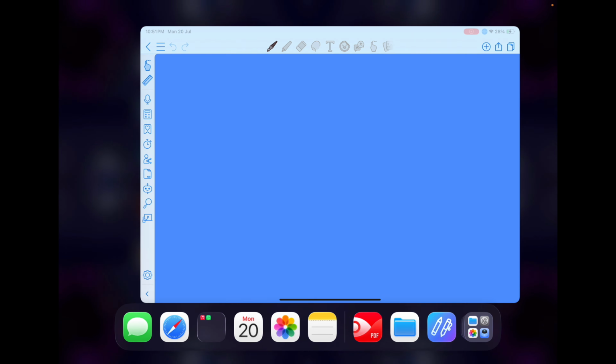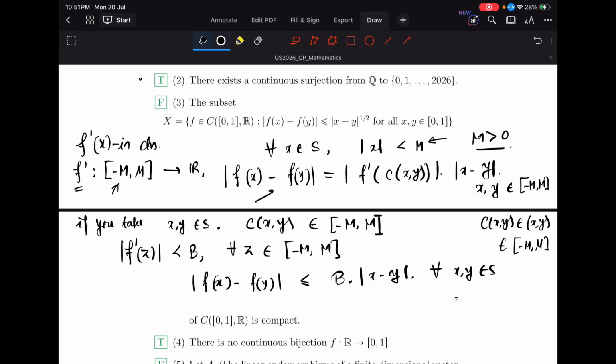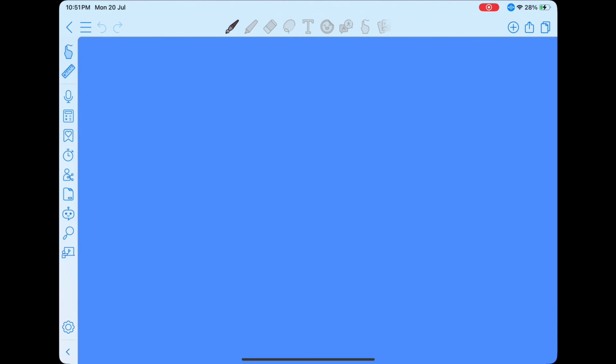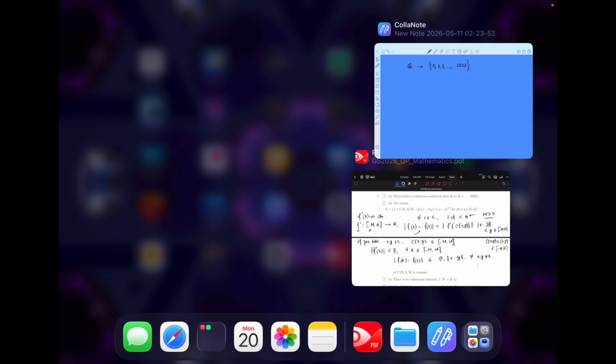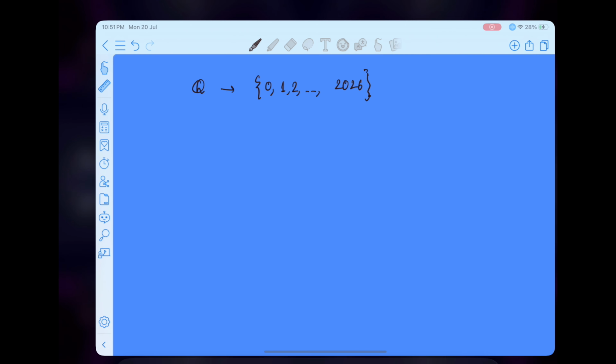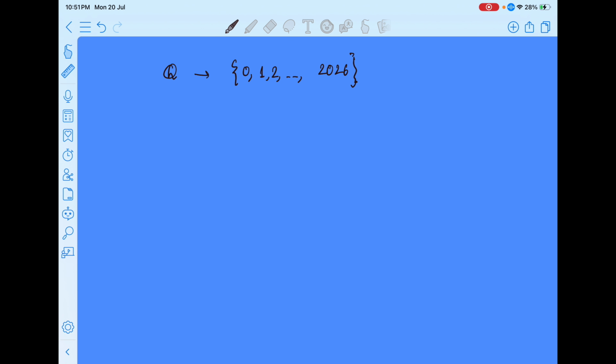We have to produce a continuous surjection from Q to {0, 1, 2, ..., 2026}. So how many elements are there? There are 2027 elements, right? So we know if we pick 3 points, this will divide R into 4 regions, right?